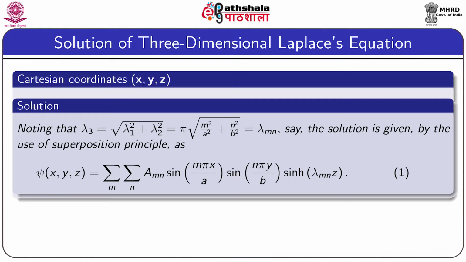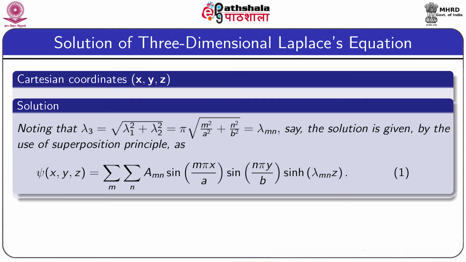So, if we substitute the values of lambda 1 and lambda 2, we get lambda 3 as pi into the square root of m squared by a squared plus n squared by b squared. You can see that the value of lambda 3 depends on the values of m and n. That is why we wrote lambda 3 as lambda m n.